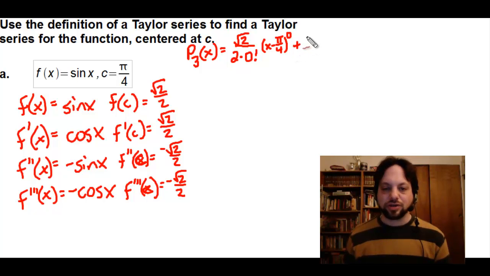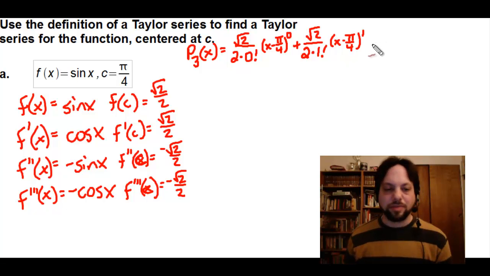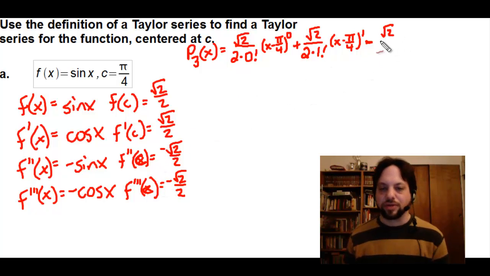So our second term, again, is going to have square root of 2 in the numerator, 2 in the denominator, but this time there'll be a 1 factorial and x minus pi over 4 to the first power. All right, well, let me keep up with this. Notice that the next term will be minus, and if you look down here, you'll see why. The next two terms, in fact, are both negative.